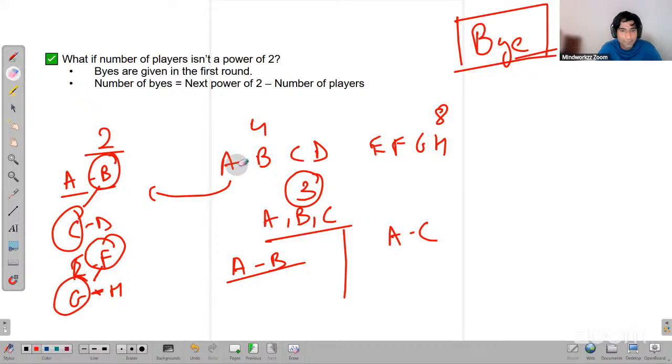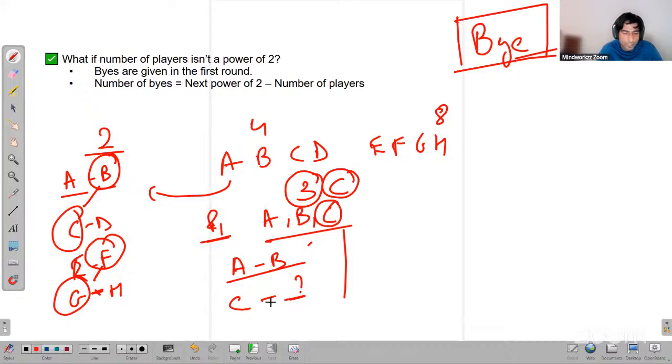So let's say the tournament organizer said that A, B, C are playing a tournament, and since there is going to be only one match in the first round, to accommodate all three people, you are going to give a bye to person C. So C does not have anybody to play with in the first round.